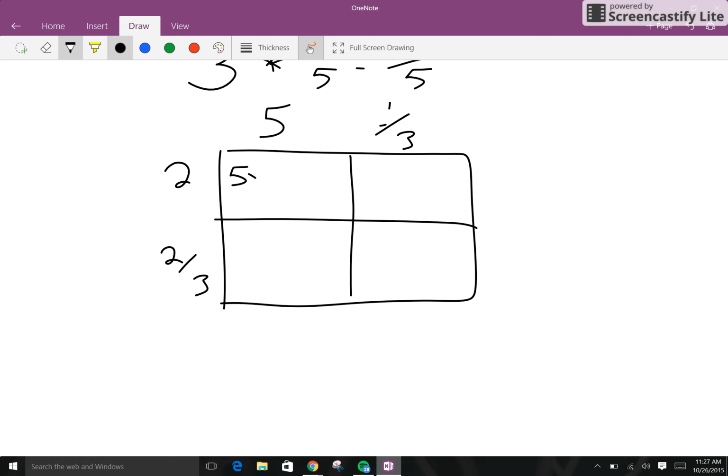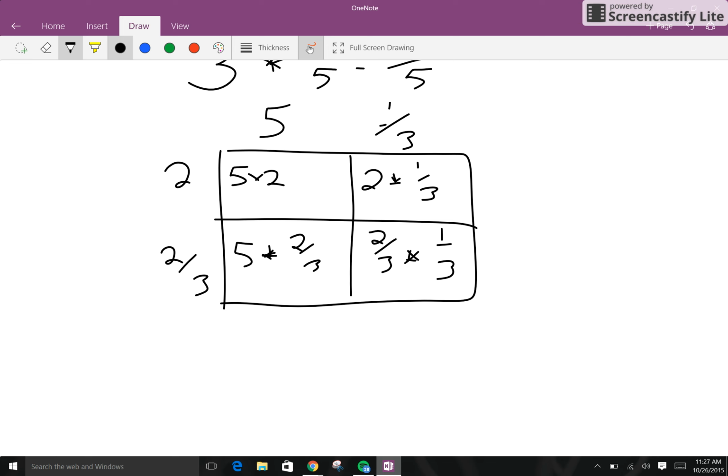So 5 times 2, 2 times 1/3, 5 times 2/3, and then 2/3 times 1/3. You go through, multiply all those out, and then add up your results. That's one of the ways you can do that.